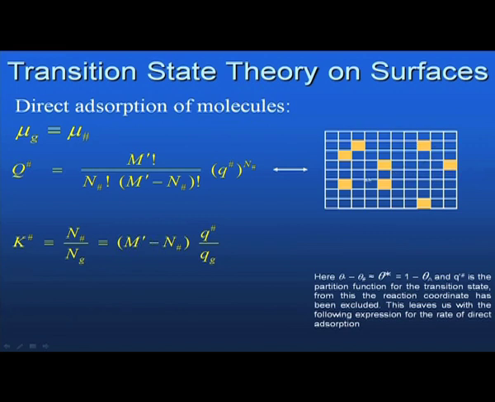Okay. Another thing is that maybe for direct adsorption 100% reaction is not possible. 100% reaction means suppose 100 molecules are colliding, not all 100 molecules will be adsorbed, maybe a certain fraction will be excluded, they will come out.